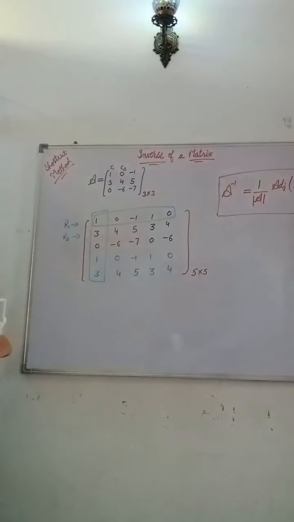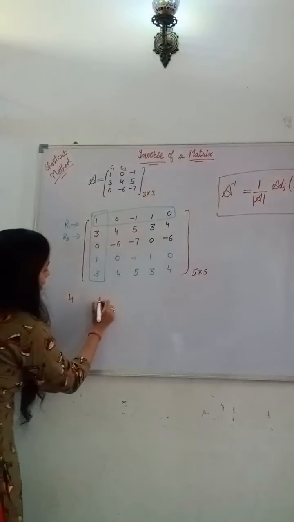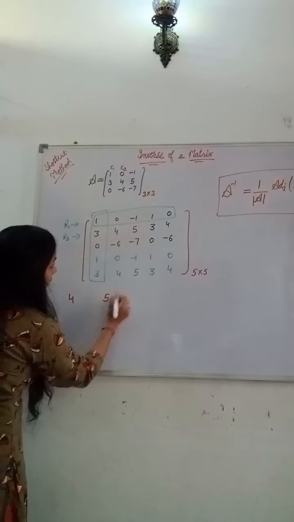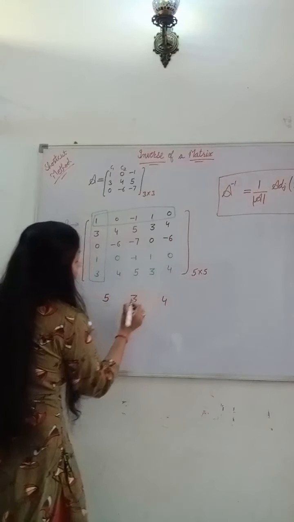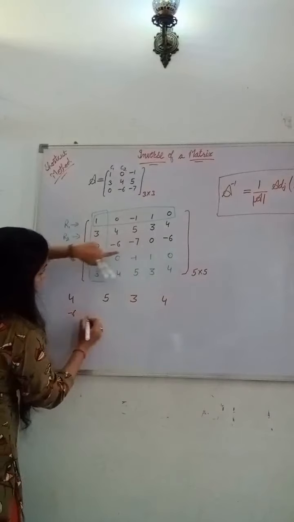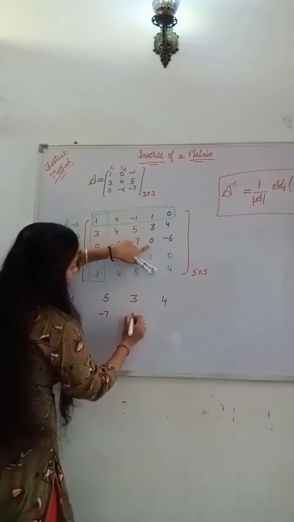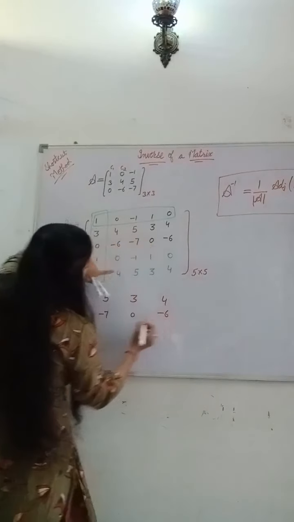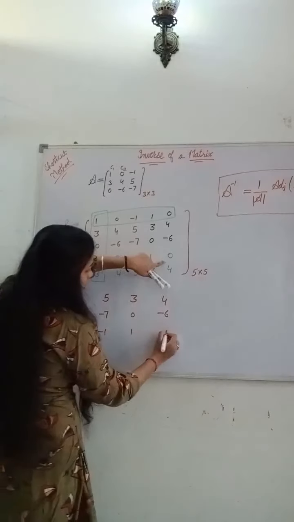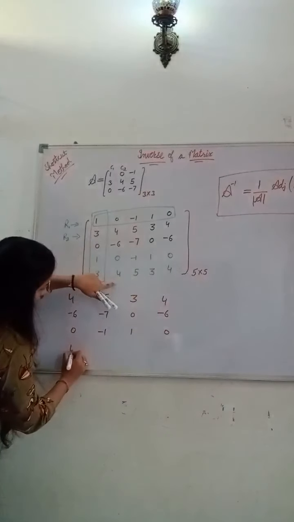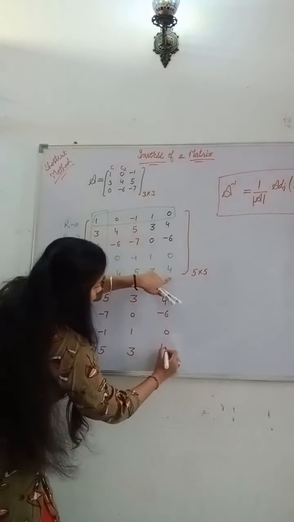Then this matrix will be written as 4, 5, 3, 4, minus 6, minus 7, 0, minus 6, 0, minus 1, 1, 0, 4, 5, 3, 4. That's it.